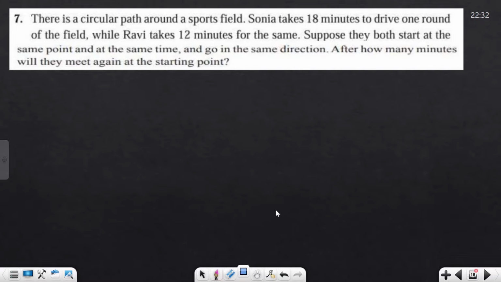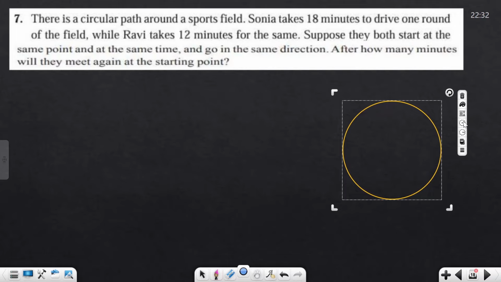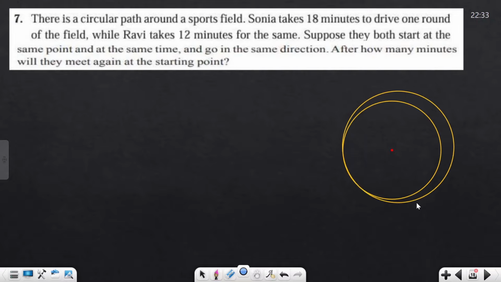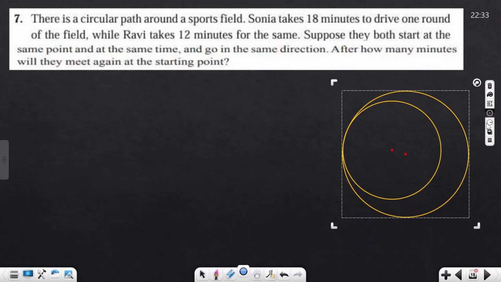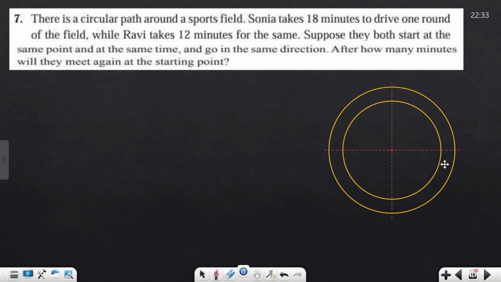Here the question is, there is a circular path around a sports field. So we make a circle, and we need a circular path, so we take another circle. I hope you understand.